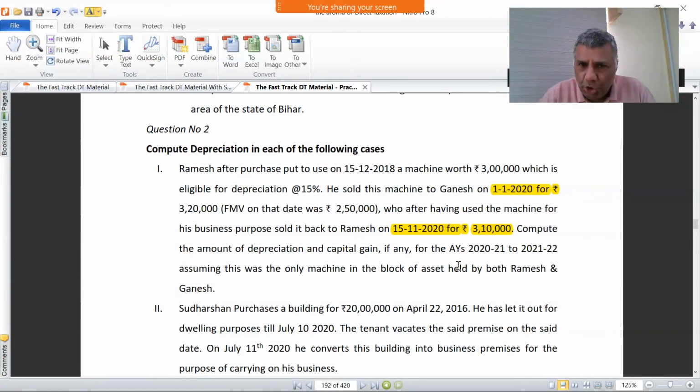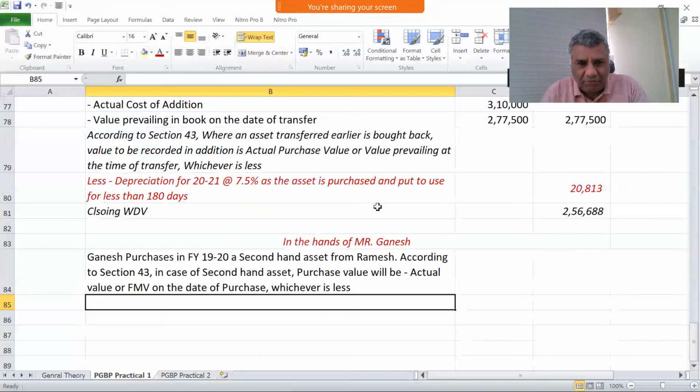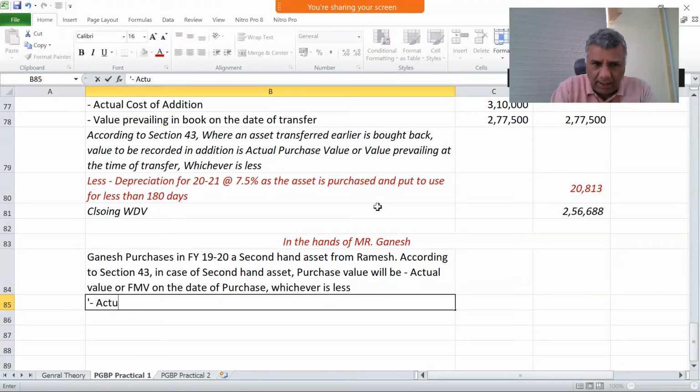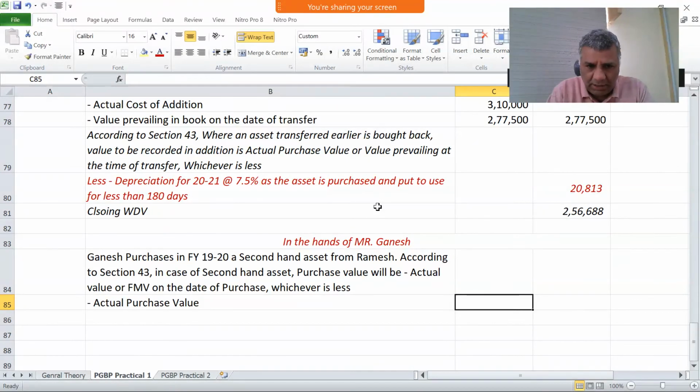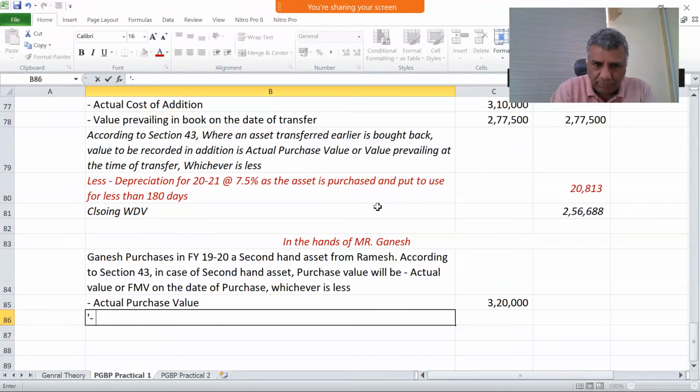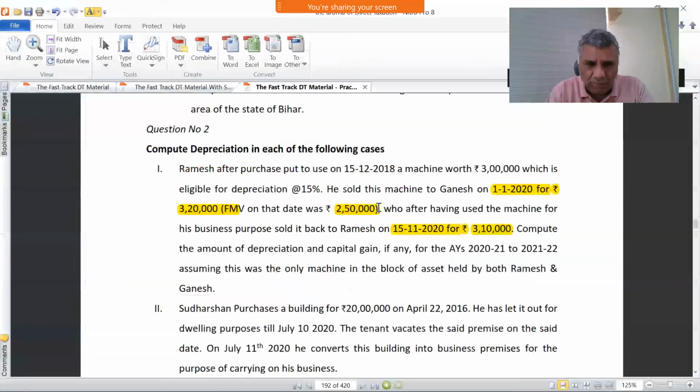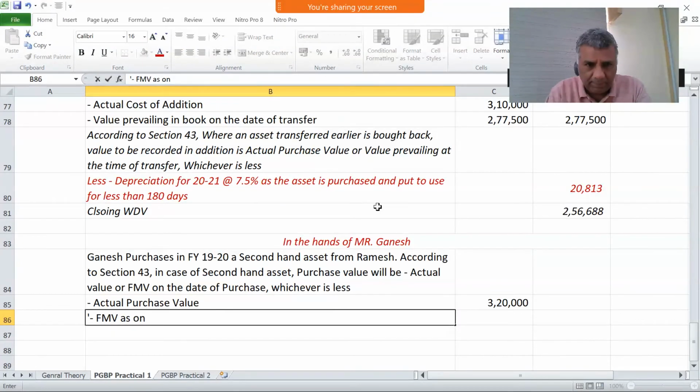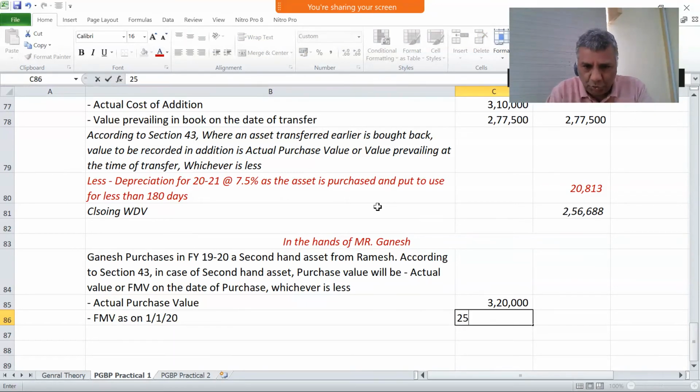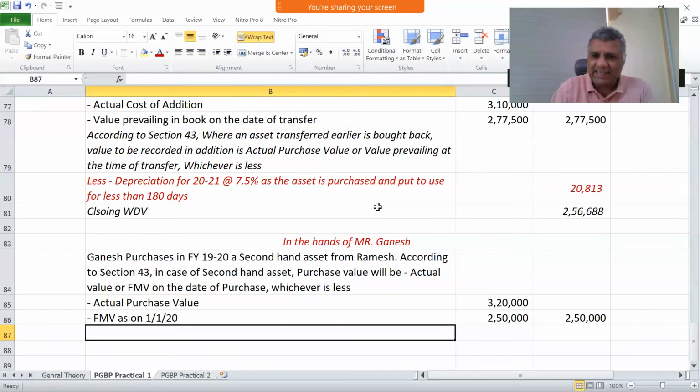In this case, he sold the machine to Ganesh on 1/1/20 for 3,20,000, whereas the fair market value on the date is only 2,50,000. So actual purchase value is 3,20,000, FMV as on 1/1/20 is 2,50,000. Whichever is less can only be taken.